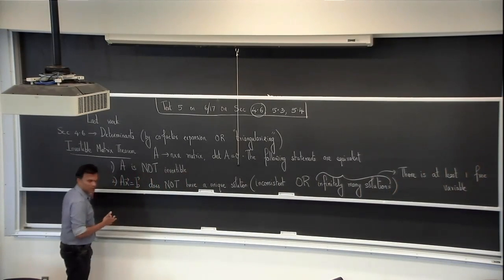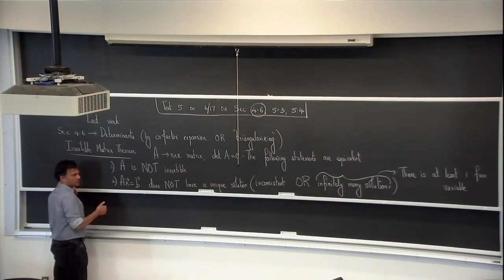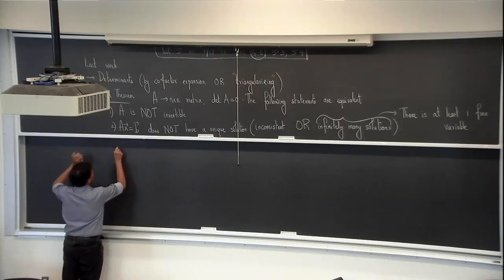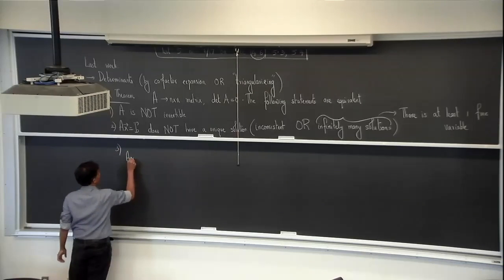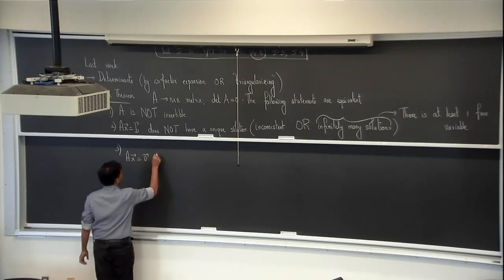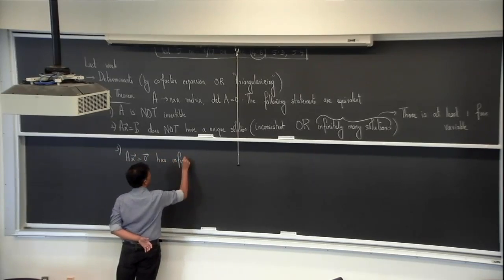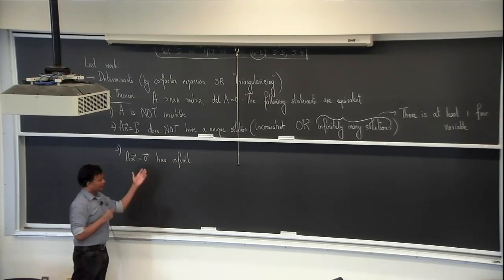And the same thing applies to the homogeneous system, except that it could be just the second possibility here. Statement 3, the homogeneous system Ax equal to 0 has infinitely many solutions. It cannot be inconsistent because the right hand side is equal to 0.